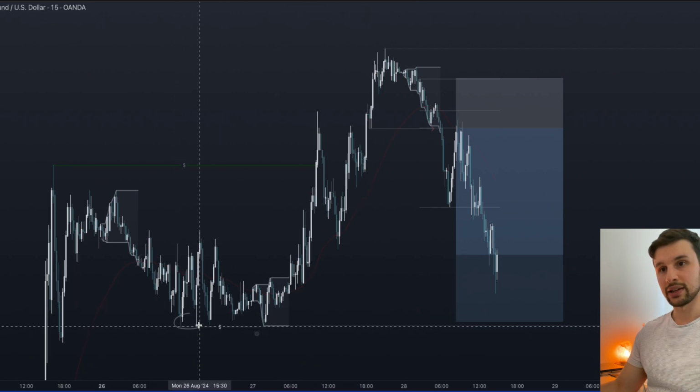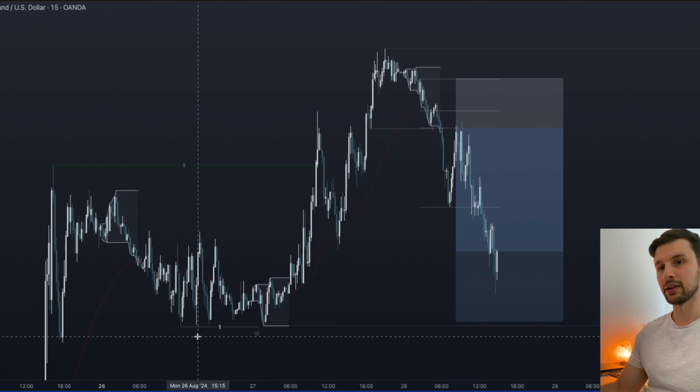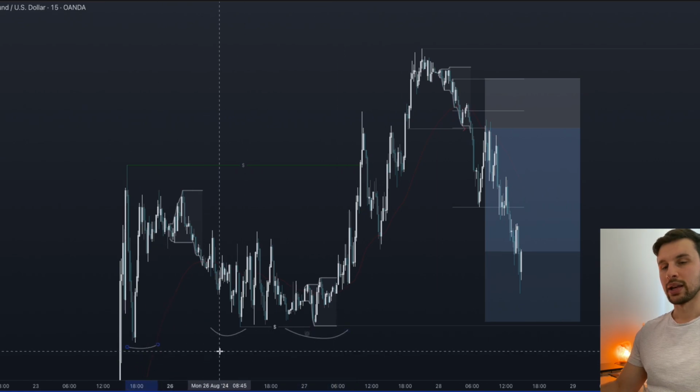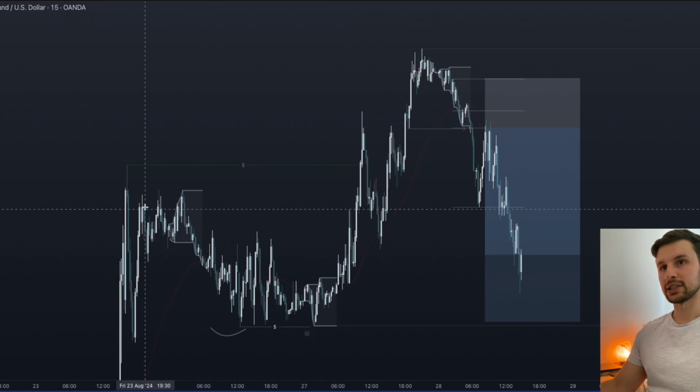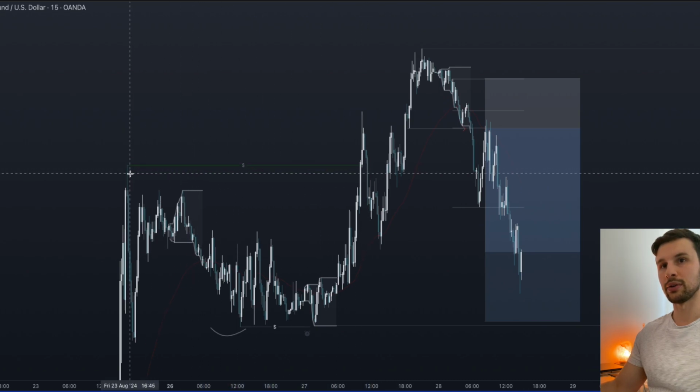So you can see here, we've got these equal lows here, and this low here, which I've marked out as the previous daily low. So there should be a lot of liquidity resting below these levels. And I've got this marked out here because we've taken this high. What was the low that made that high?